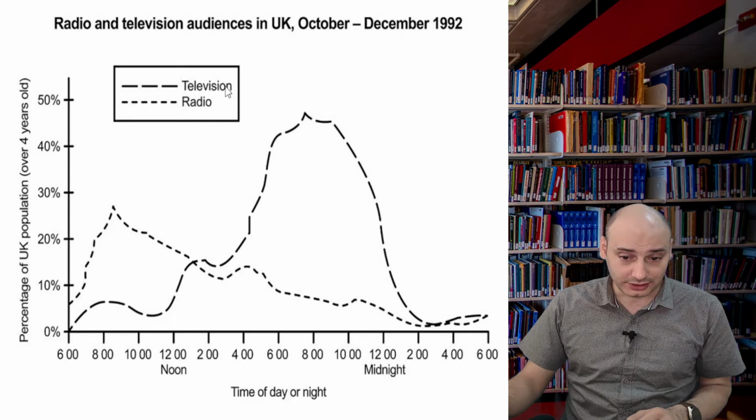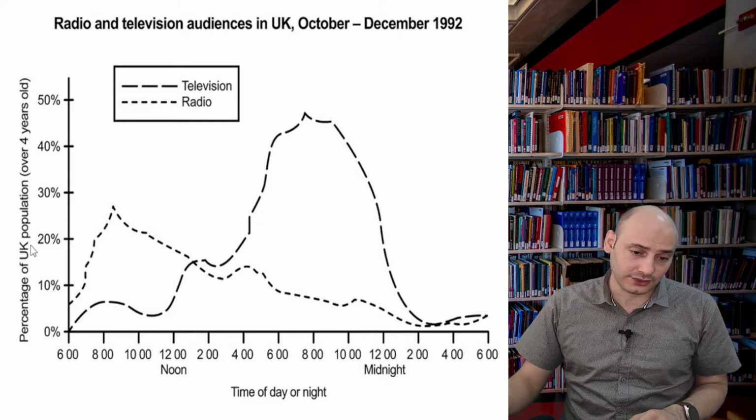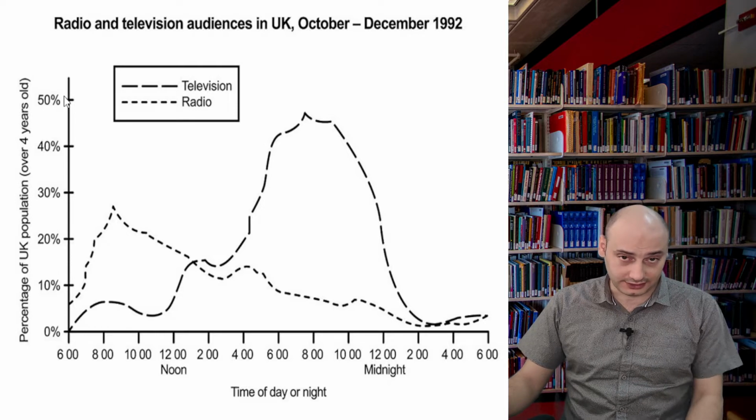One of them is about television and the other one is about radio. If we look at the bottom here, you'll find the timeline, from 6 in the morning till 6 in the evening. And here you've got the percentage of UK population over 4 years old, from 0 to 50%.